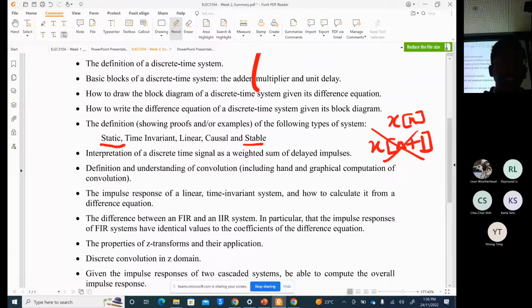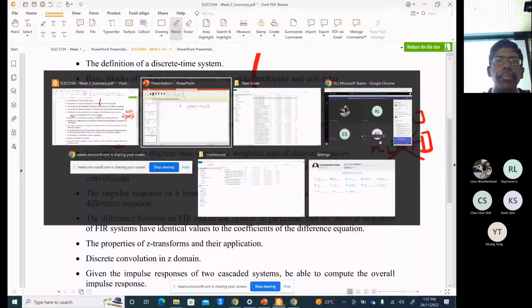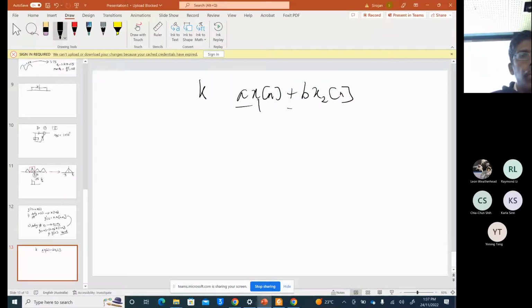And then the interpretation of discrete time as a weighted sum of delayed inputs, understanding the convolution, hand and graphical convolution. I think you know convolution.